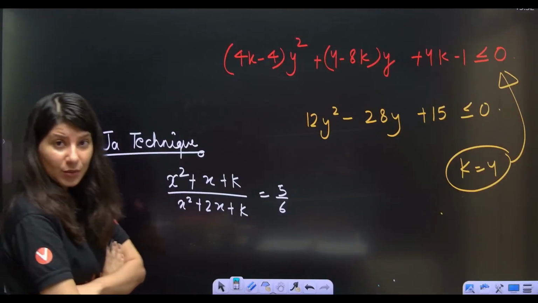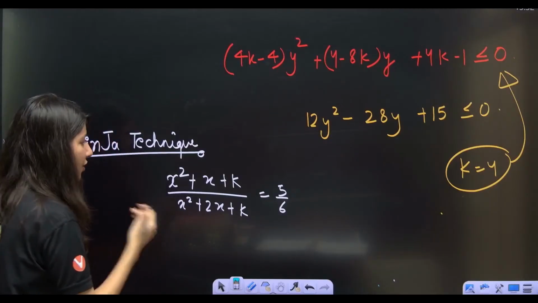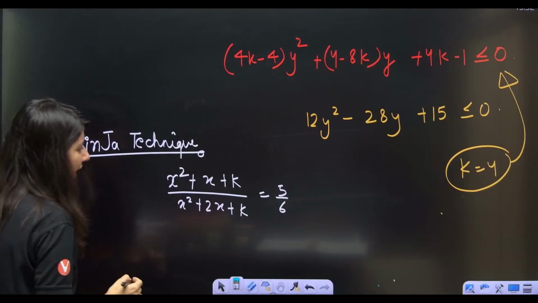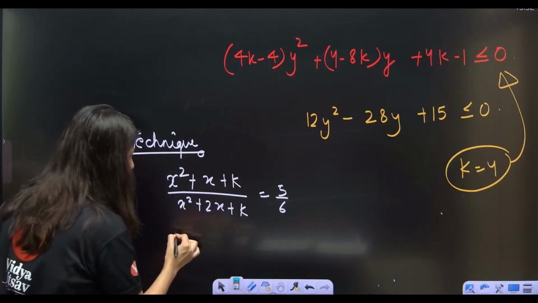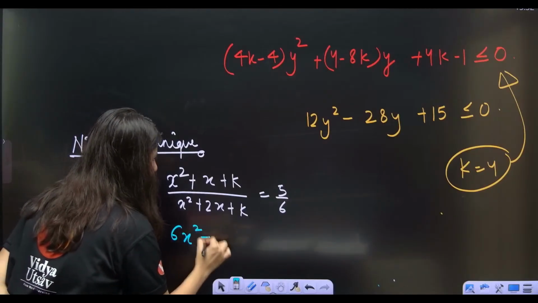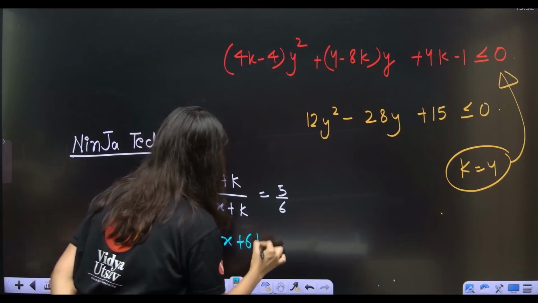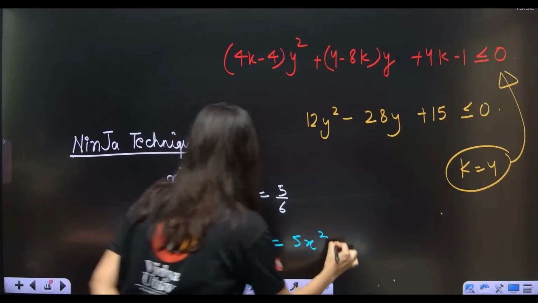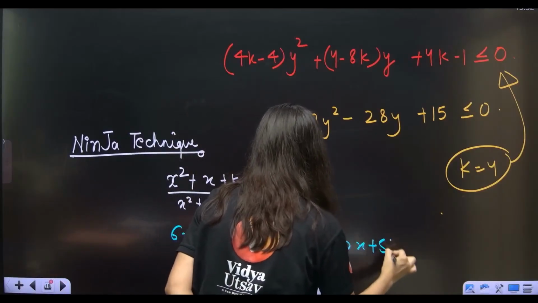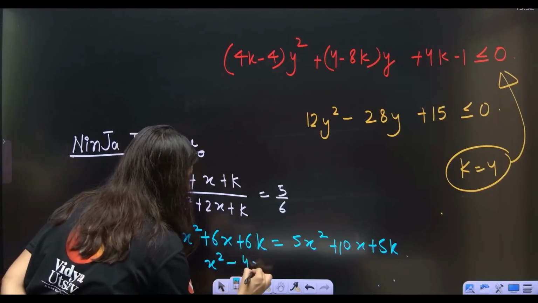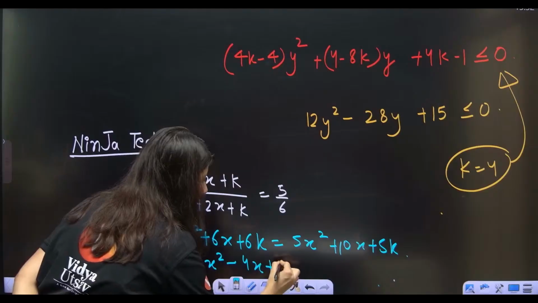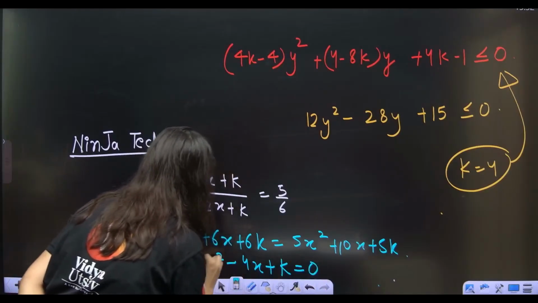Now what you need to do is just cross multiply and create a quadratic in x. Okay, so 6x square plus 6x plus 6k is equal to 5x square plus 10x plus 5k. So this is x square minus 4x plus k equals 0.